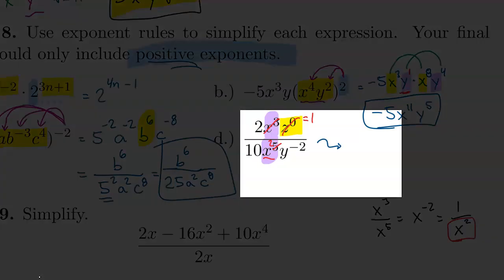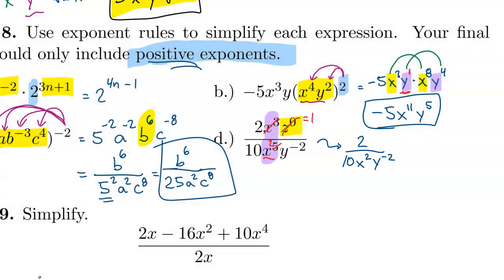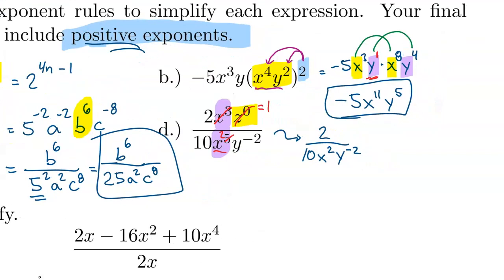So I have 2 by itself now, because all the x's disappeared and z to the 0 disappeared. I have 2 over 10 x squared y to the negative 2. So there's 2 more things I want to do to simplify this expression. I can cancel the 2 with the 10 just as normal numbers.